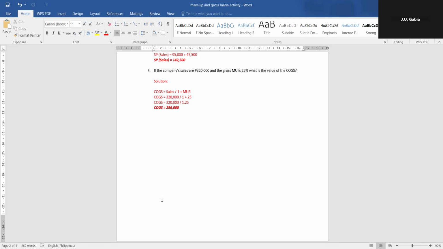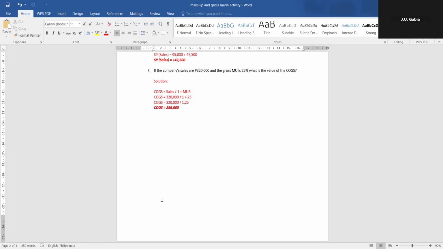The 320,000 is composed already of the gross markup, which means the markup is 25%, included in the 320,000. So let's assume that the 320,000 is 100%, comprising the cost as well as the markup.